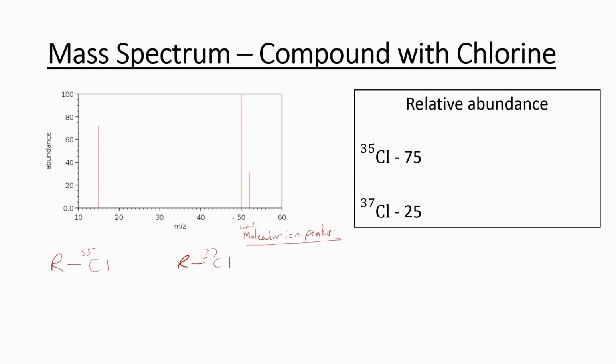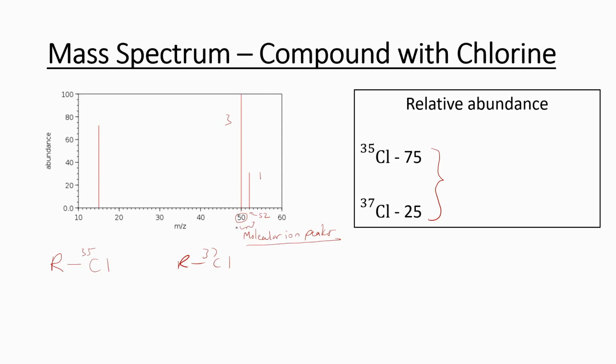And for the relative molecular mass, we've got two masses. One is 50, the other one is 52. And we would work out the relative molecular mass in the same way because the ratio of the peaks is 3 to 1 or 75% to 25%. The ratio is that. And so it follows this pattern as we would expect. And so when we see this pattern here in the molecular ion peak, then it does suggest that chlorine is present.